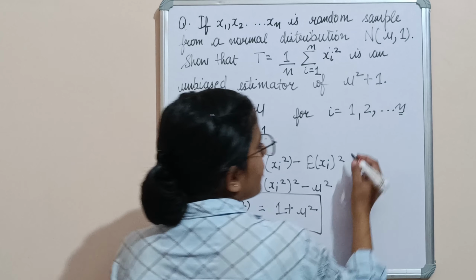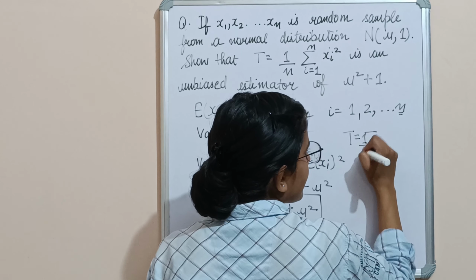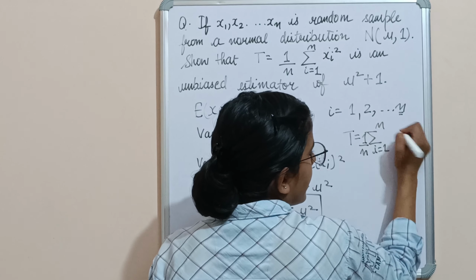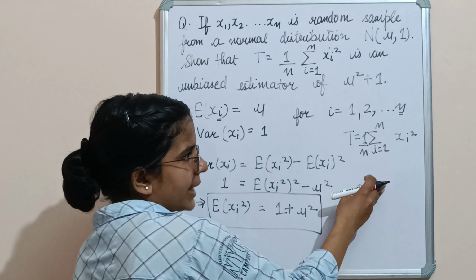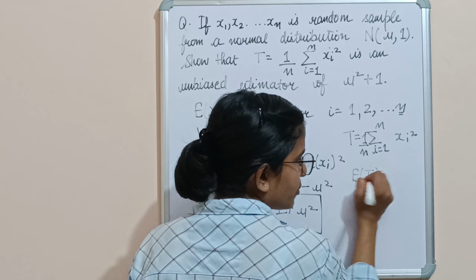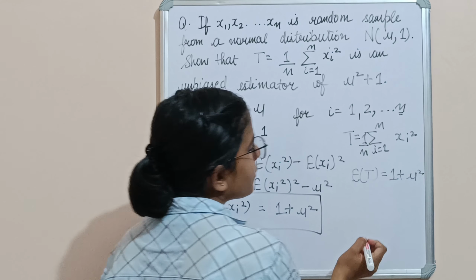Now, our function is T equals 1 by n summation i equal to 1 to n xi square. If it is an unbiased estimator, then expectation of T should be equal to 1 plus mu square.